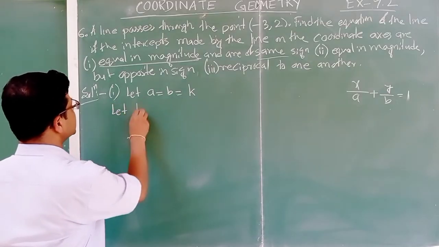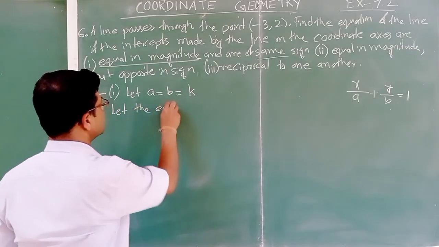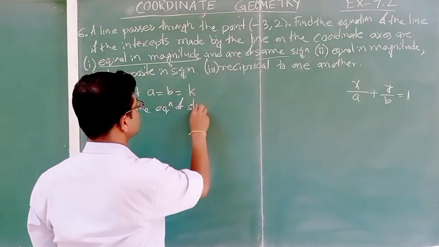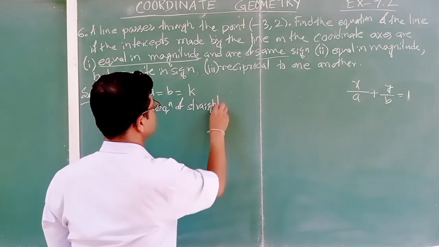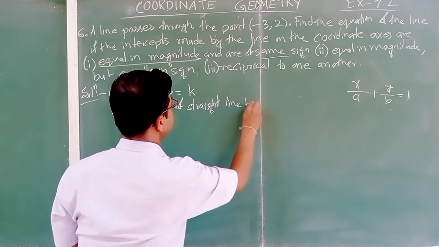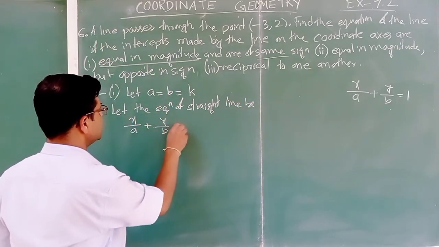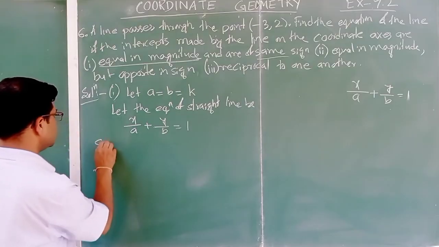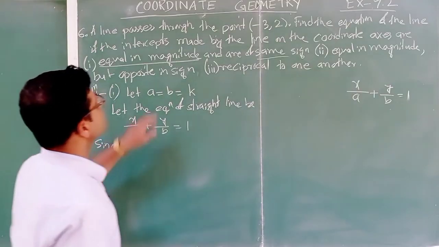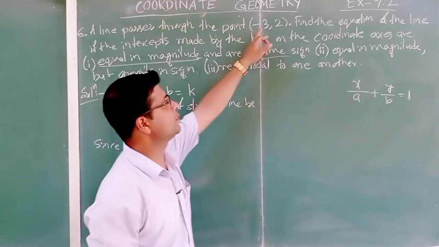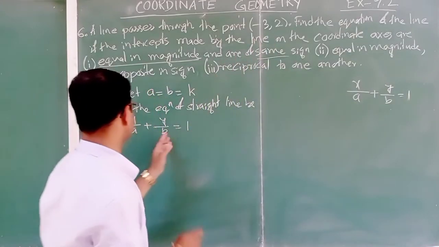Now let the equation of the straight line be x by a plus y by b is equal to 1. Since this equation passes through this point, this is the value of x and this is the value of y, we shall substitute here.